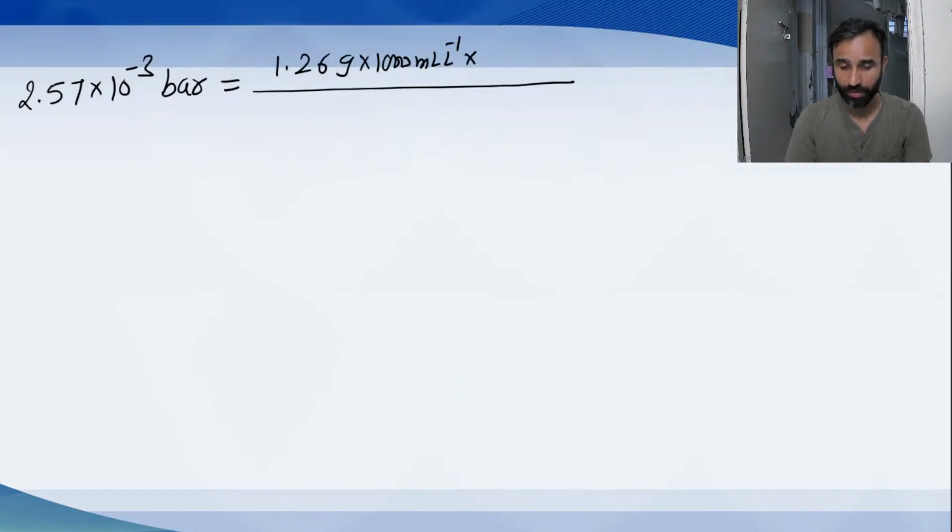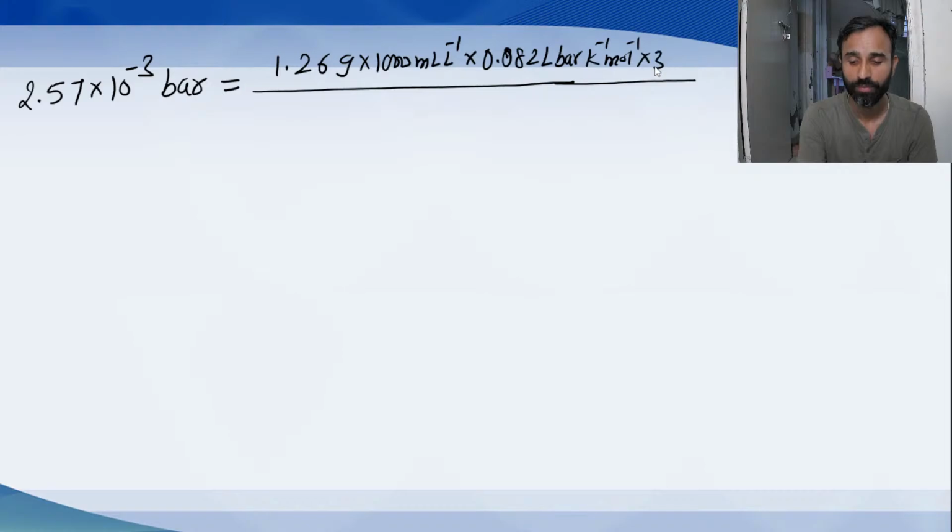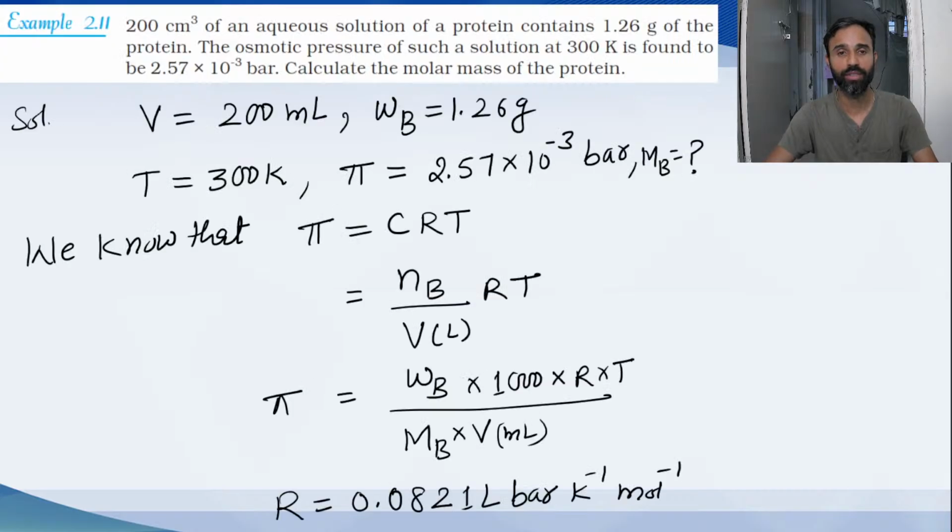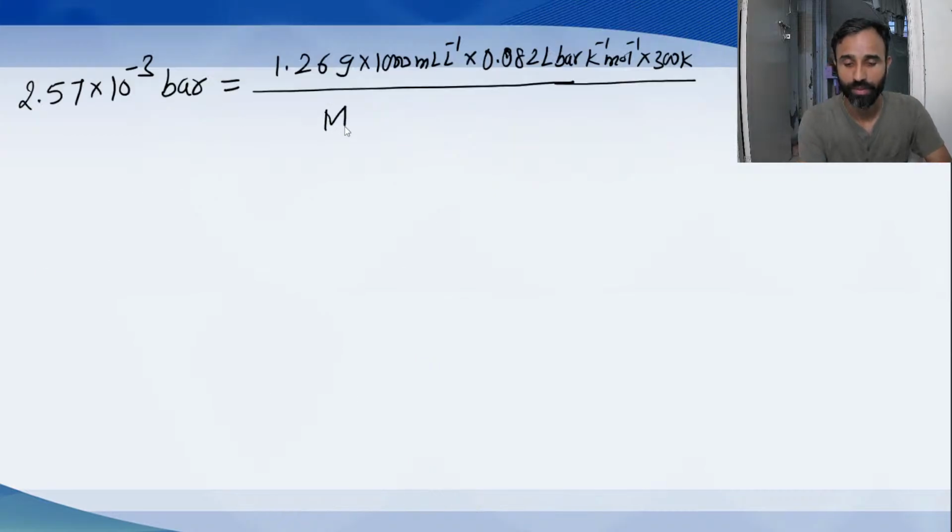Then capital R, 0.0821 liter bar per Kelvin per mole, into 300 Kelvin, the temperature, divided by MB into 450 ml.